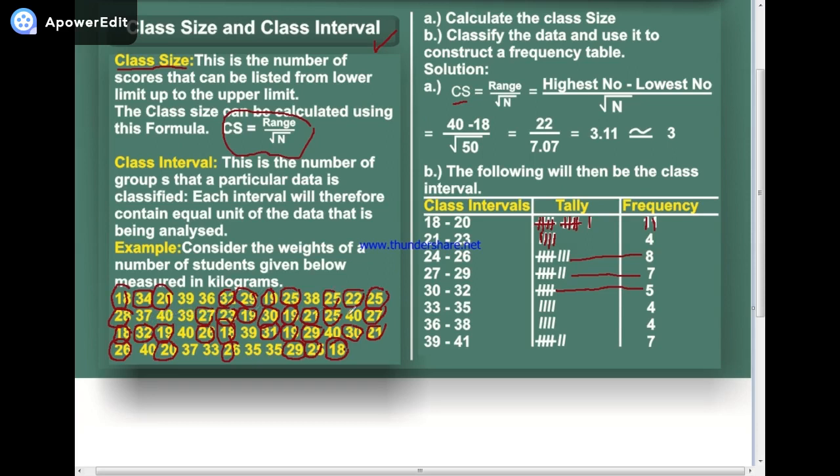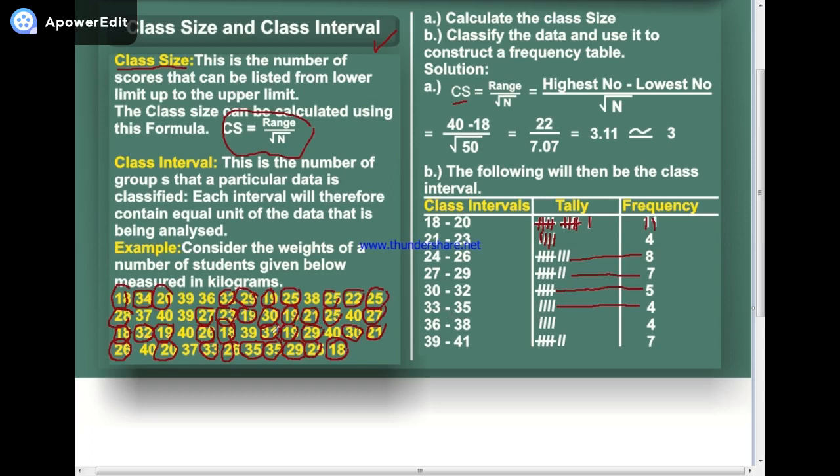There's 1. 2. We're going to have 2, 3, and 4. So that means we're going to have 4 here. So that one is correct. That one also is correct.